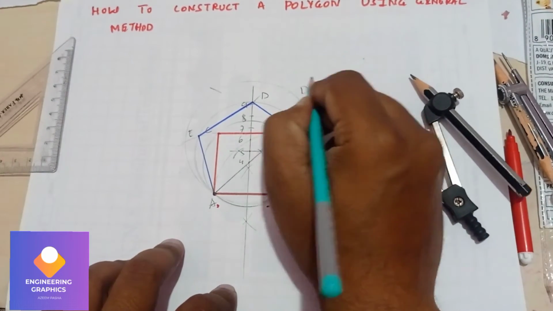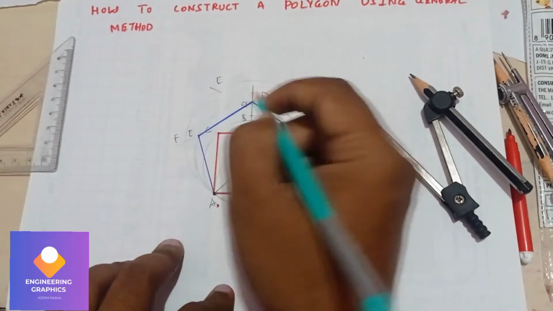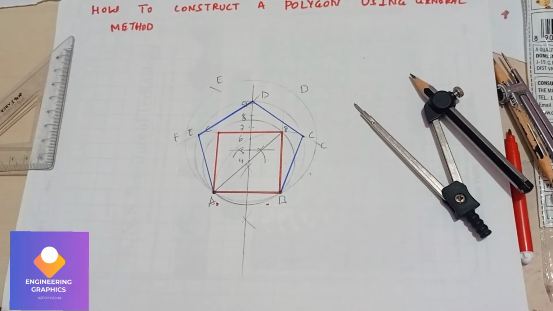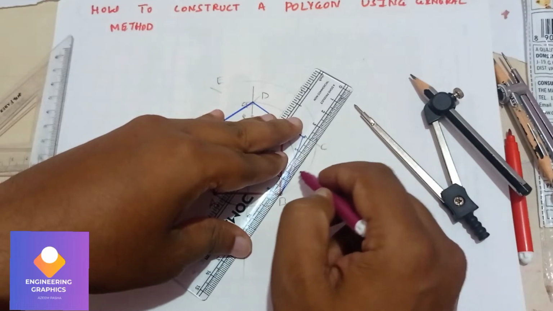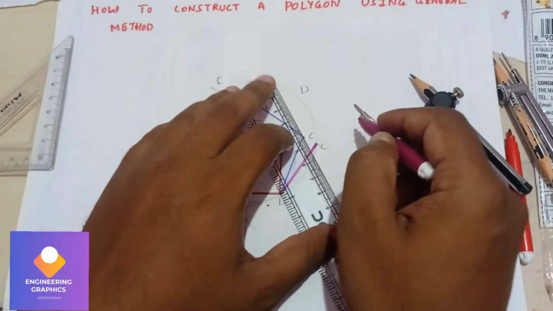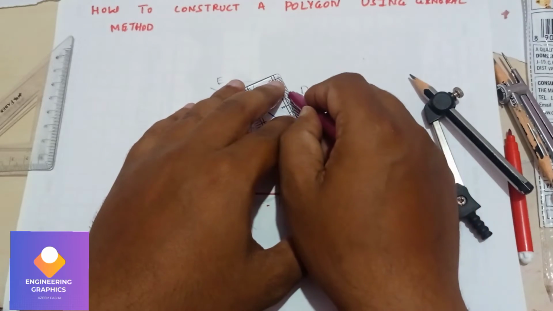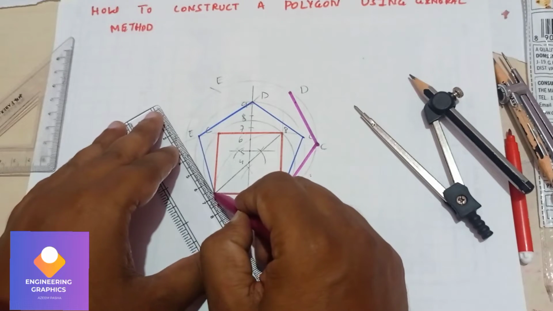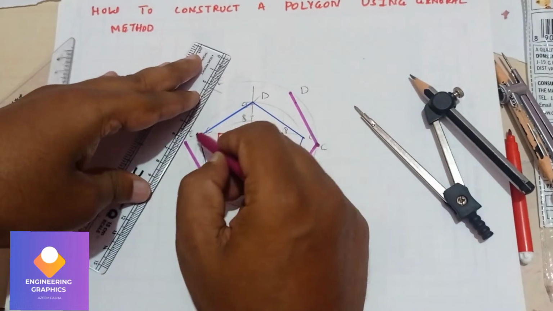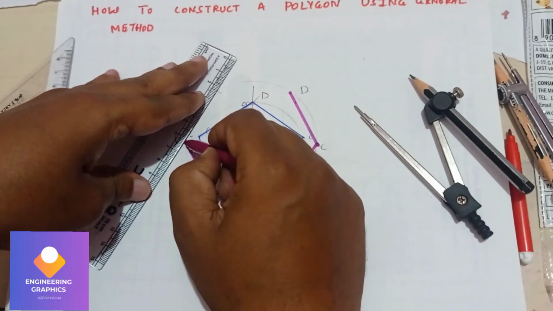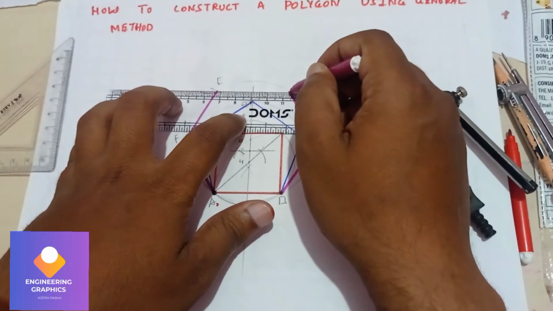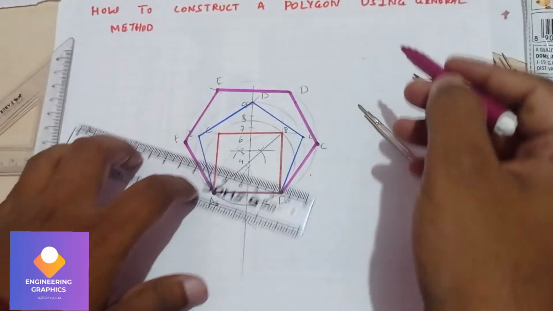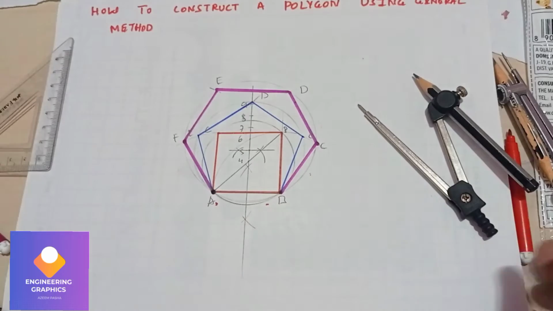This point is C, this is D, this is E, this is F. Now we join it.